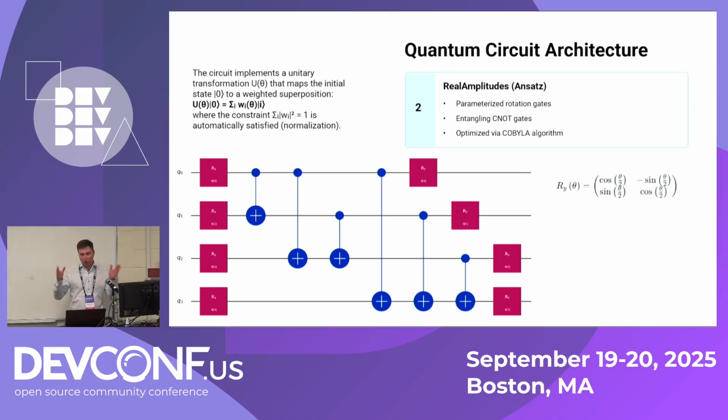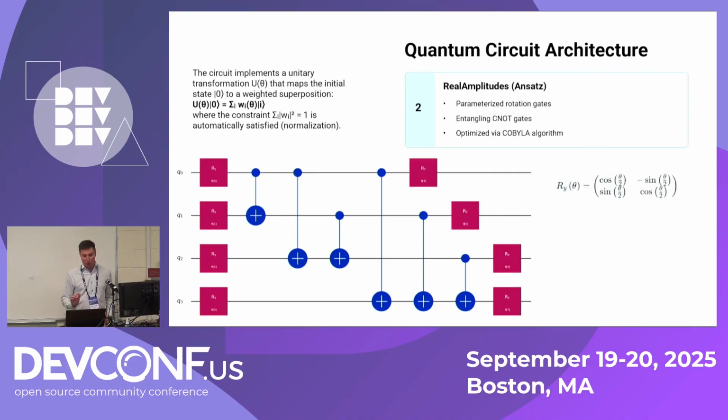The next part is the actual circuit, the U of theta, where you have the weights. This is where we're using rotation around the y-axis, and then some CX gates as well. The purpose of this, like I said, is to model the weights, and I'm going to dumb it down because I'm running close on time, so apologies.